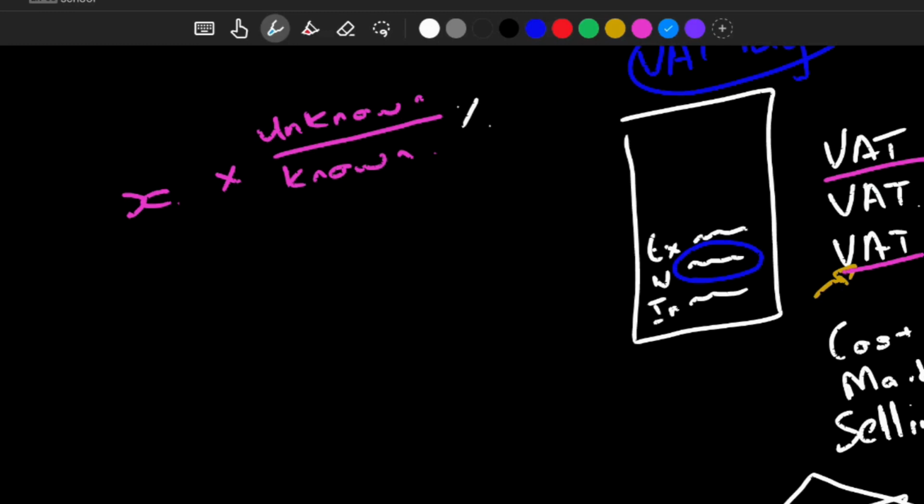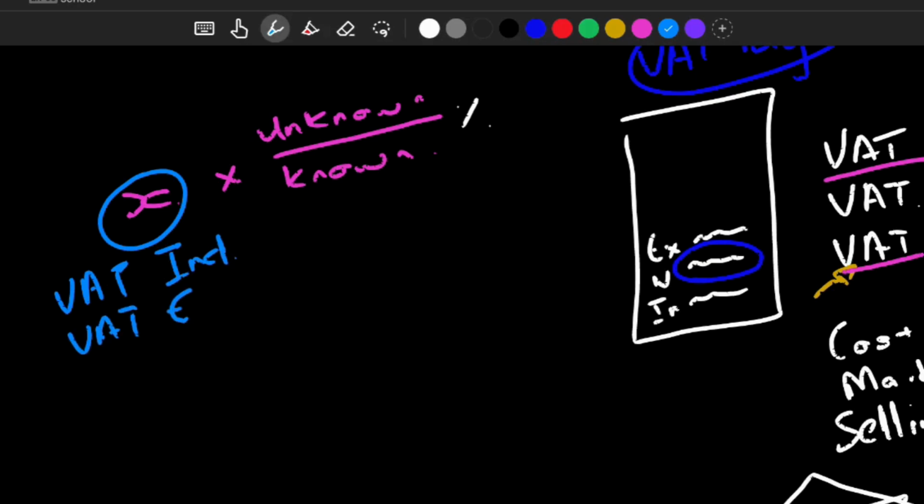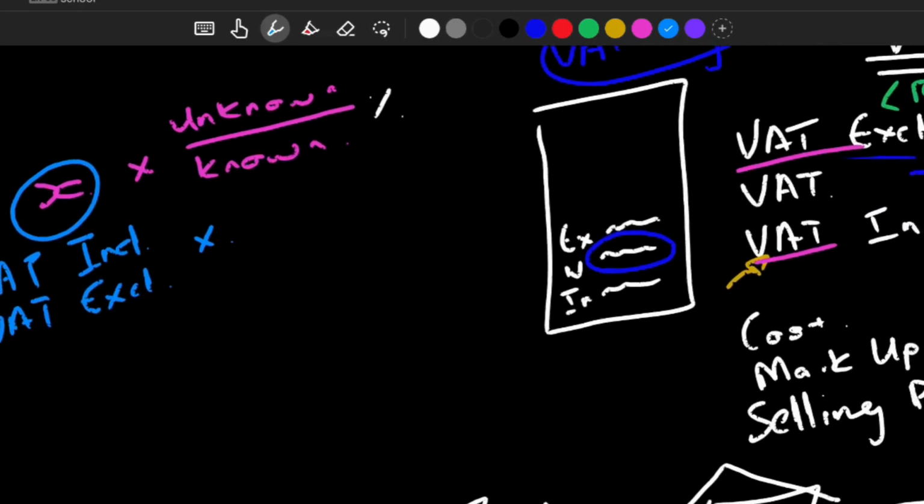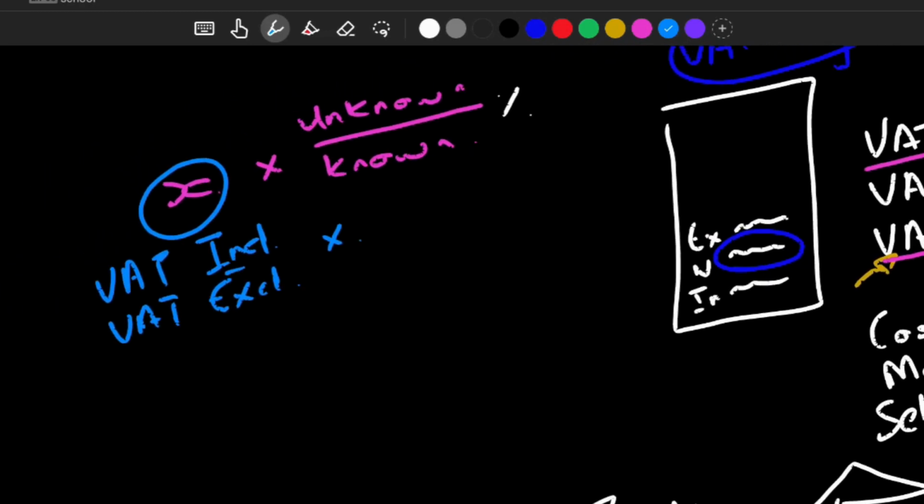So to explain it, X is whatever you're given, whether it's the VAT inclusive amount or it's your VAT exclusive amount. That is the actual amount. So if they give you 300,000, that is the amount that you put there. If it's 400,000, that is the amount you put there. Then you multiply it by unknown over known. So let's say that they give you the VAT inclusive amount and they want you to calculate VAT.